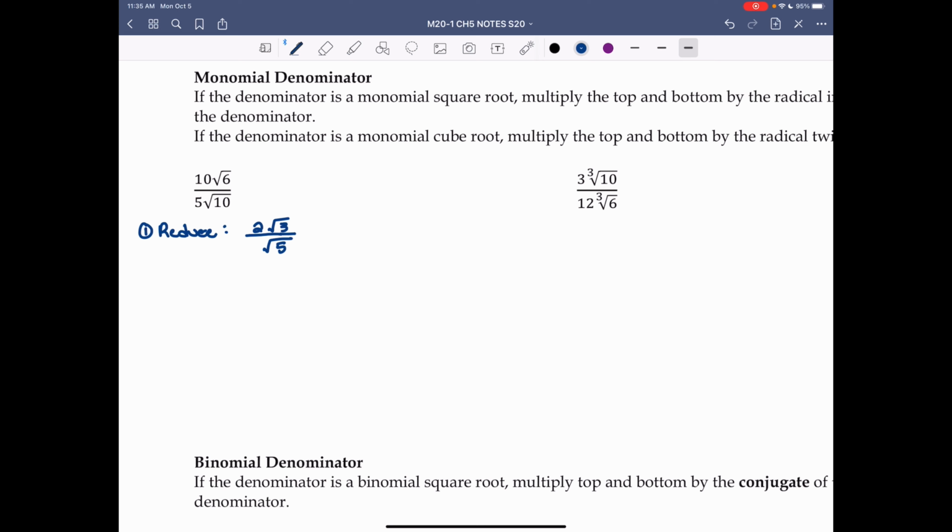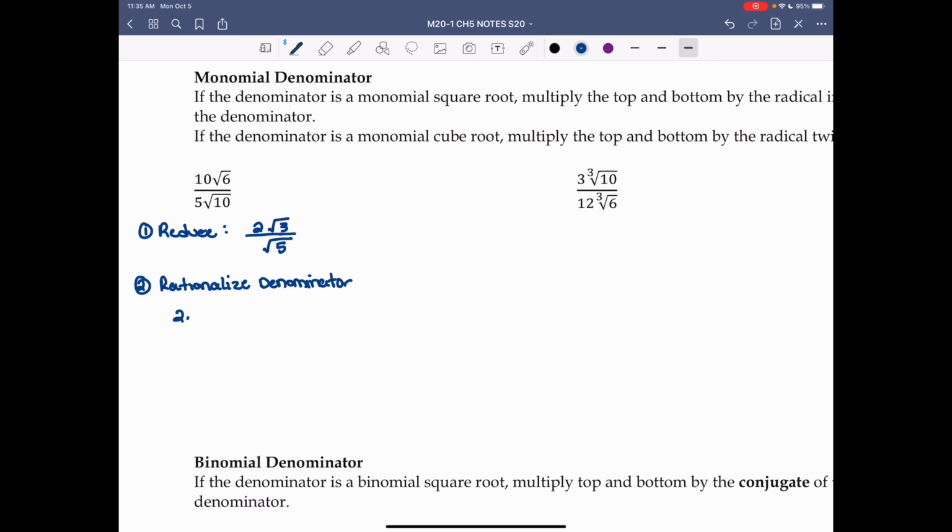Now we're on to step 2. We need to rationalize the denominator. We have a square root on the bottom of our fraction. We want to multiply top and bottom by that square root again.